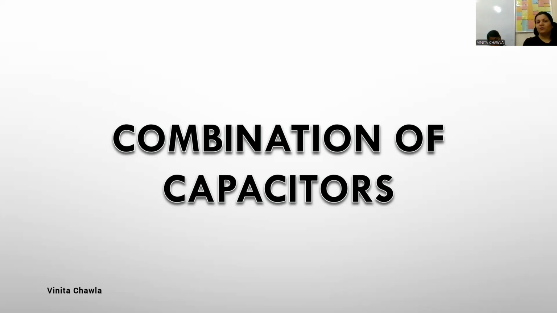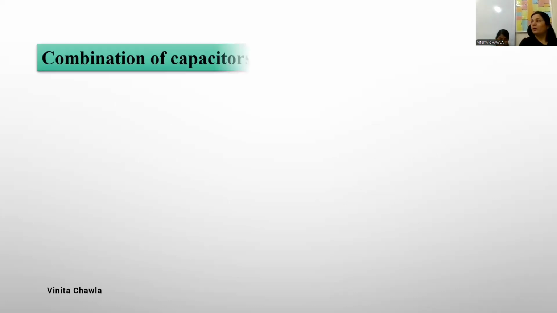In the same way, we can combine capacitors and find equivalent capacitance. Suppose we have 2-3 capacitors connected either in series or in parallel. Those 3 capacitors can be replaced by one capacitor, which will produce the same effect as produced by the 3 capacitors together. That's called equivalent capacitance.